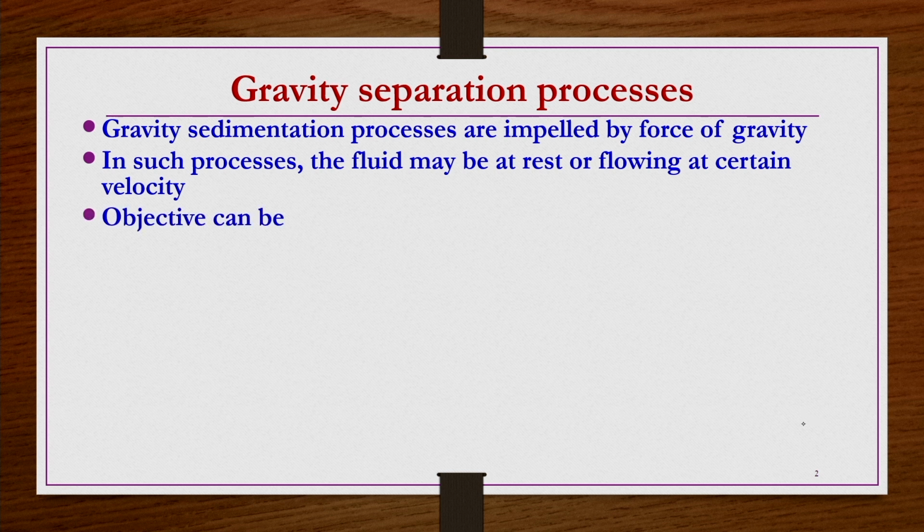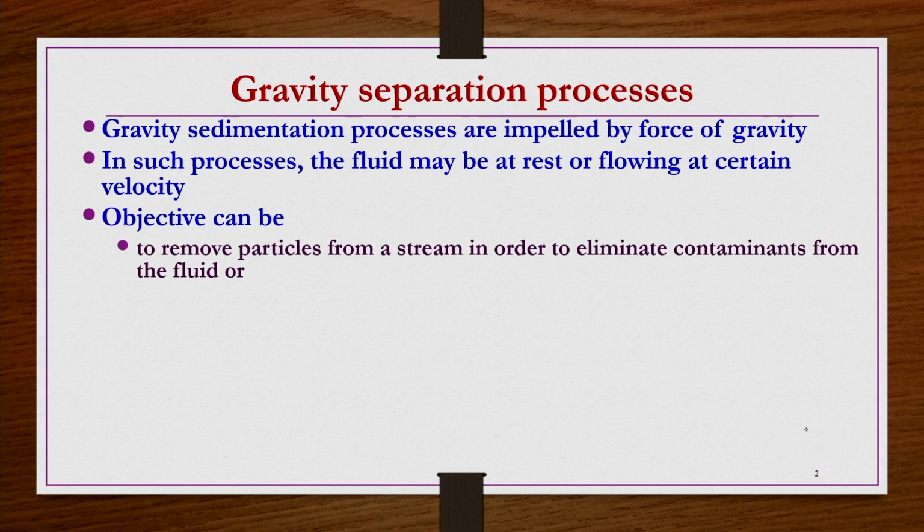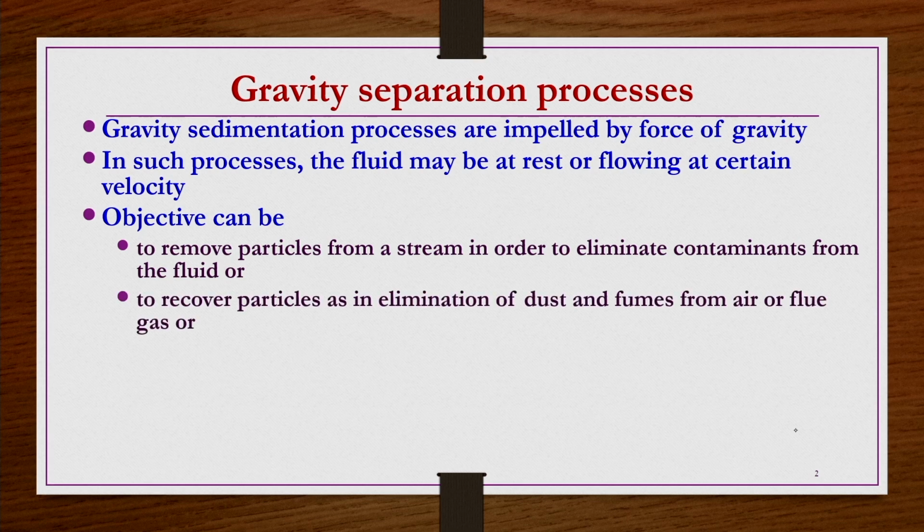Under these gravity separation processes, the objective can be different as per the application. One objective can be to remove particles from a stream in order to eliminate contaminants from the fluid, or recover particles, as in elimination of dust and fumes from air or flue gas, or to remove solids from liquid waste. Whenever we have this kind of requirement, we can go for gravity separation processes.